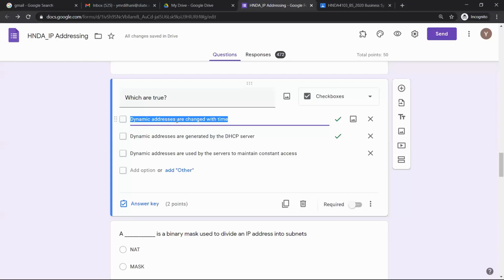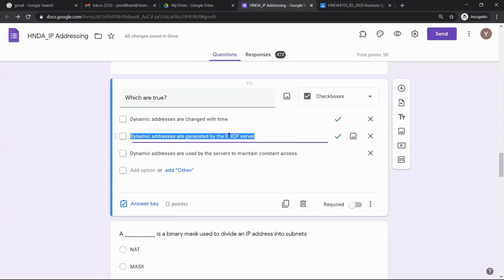That automatic generating process happens using a server called the DHCP server. This server will generate an automatic IP address for your computers. This is not a separate machine.